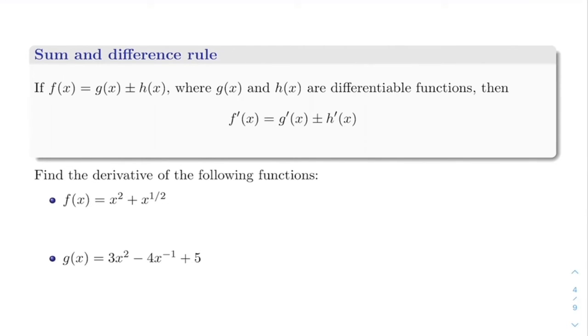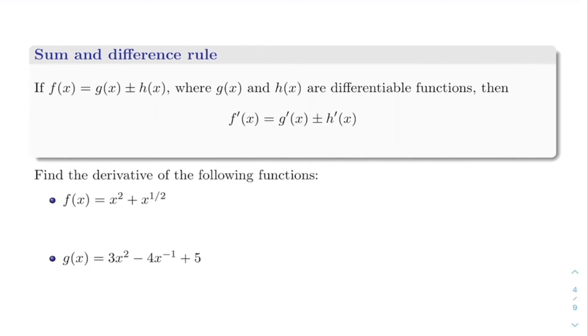The next rule we will use is what is called the sum and difference rule. So essentially, if our function is the sum or the difference of two functions, then its derivative will be equal to the sum or the difference of the derivatives. So let's see this in the following examples. First we have that f of x is equal to x squared plus x to the 1/2.